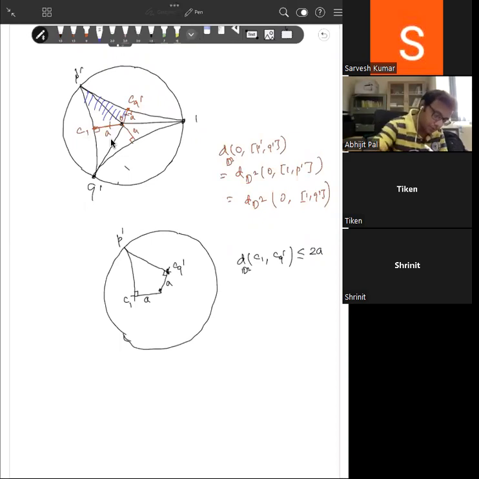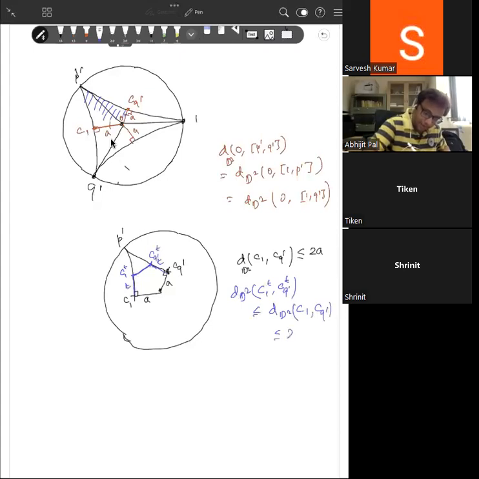Now I'll just move T distance up. This distance is T and this distance is T. Let us call these points C1T and CQ prime T. You can check that this distance is again less than or equal to twice A, because these two geodesics are asymptotic to each other.